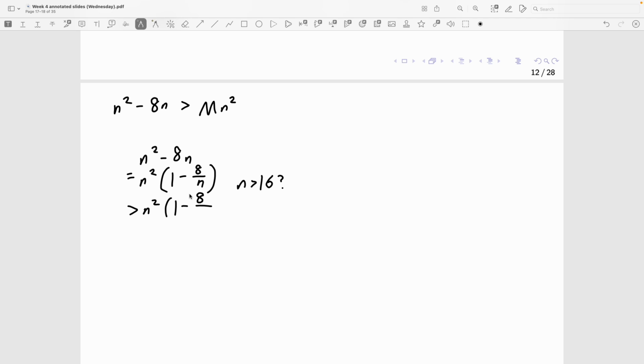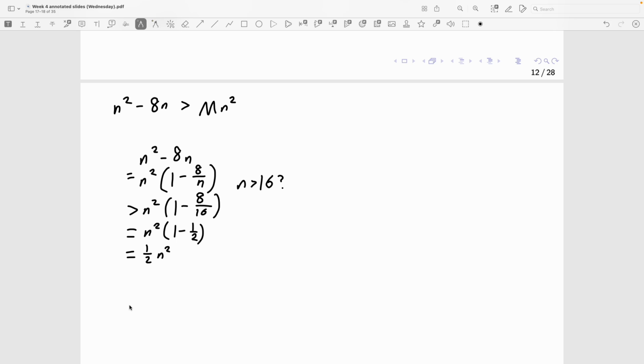If you want 1 minus something to be a reasonable constant, a good choice for that something is 1 over 2. So to turn 8 over n into 1 over 2, I just set n to double of 8. 8 over 16. Then I can simplify that. Just like that.